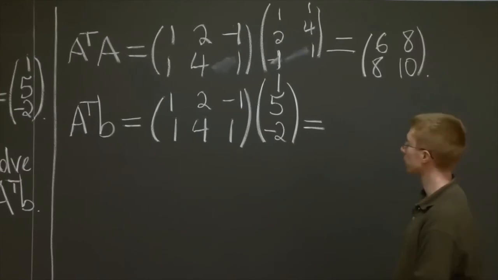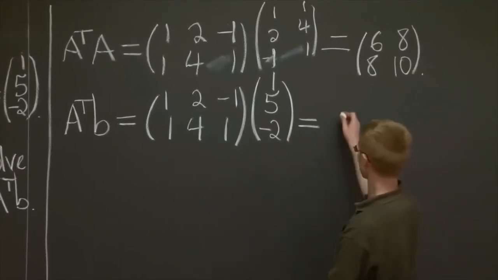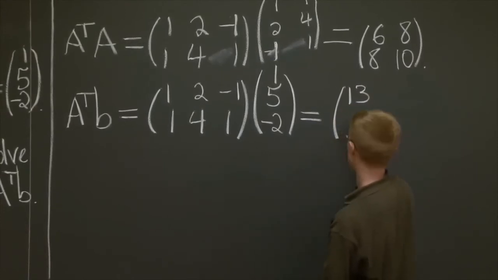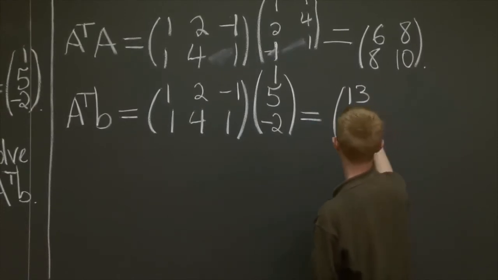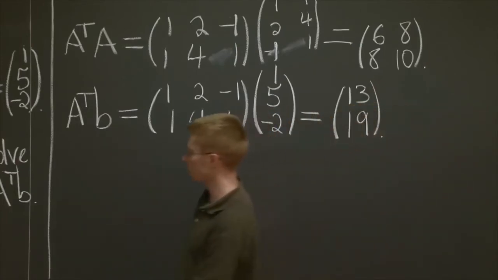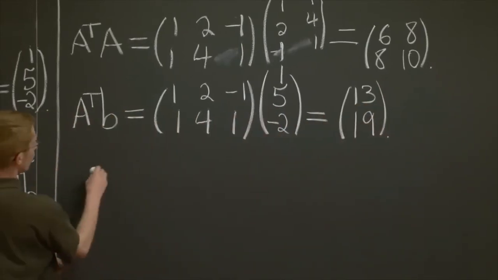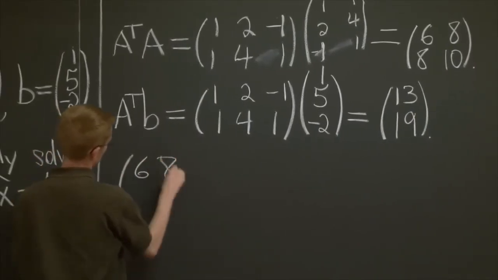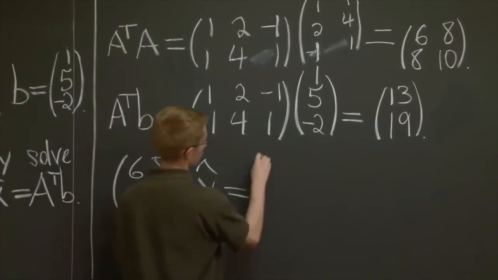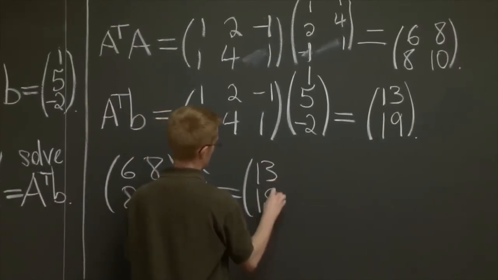Well, if you multiply this out, I'll let you check that you get 13 and a 19. Good. So this is just some computation. And so what we're solving here is 6, 8, 8, 10 times x hat equals 13, 19.